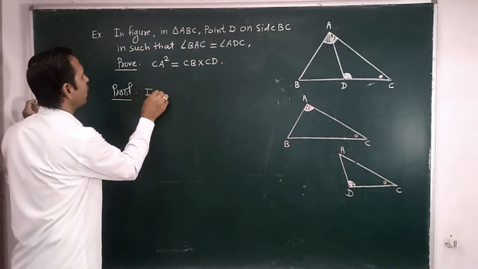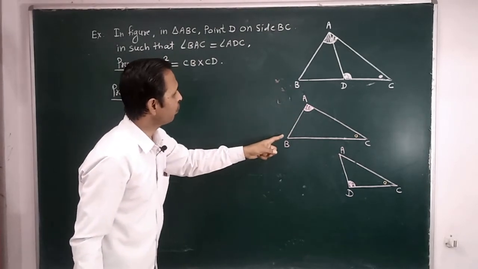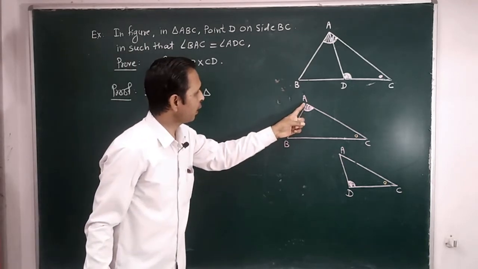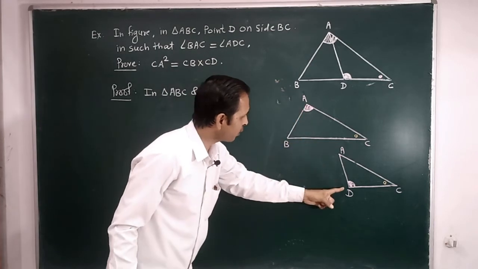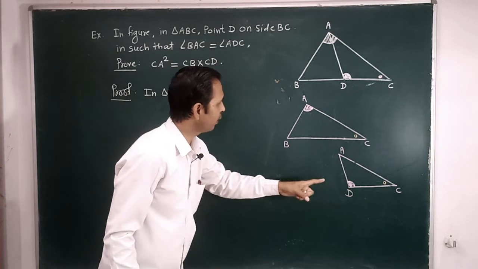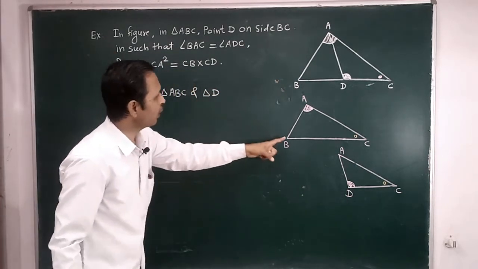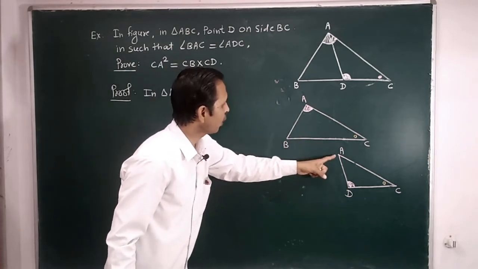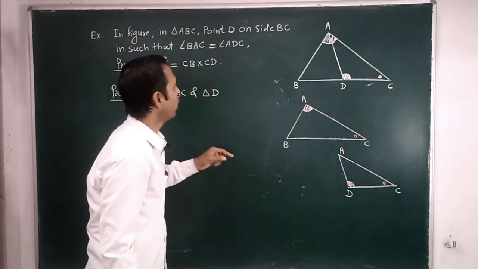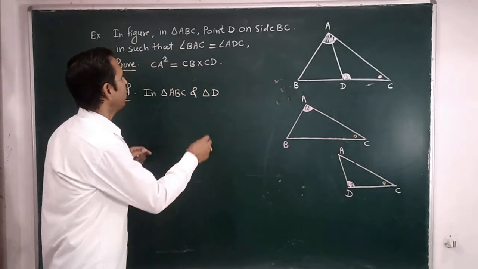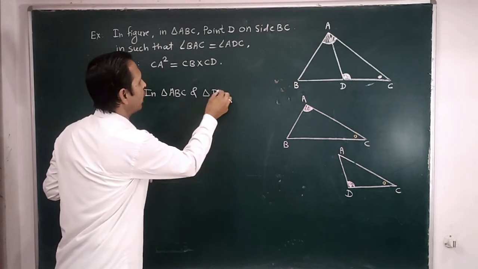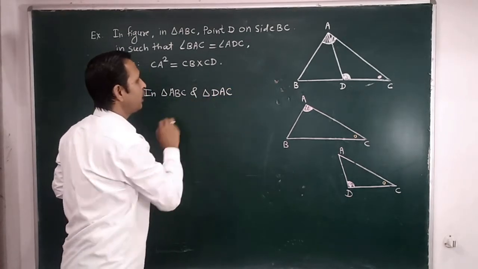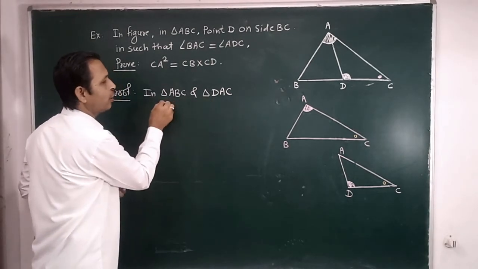In triangle ABC and triangle, first letter we take here is D, then second letter A, then C. So A corresponds to D, B corresponds to A, C corresponds to C. Triangle ABC and triangle DAC. These are the names of the triangles with one-to-one correspondence.